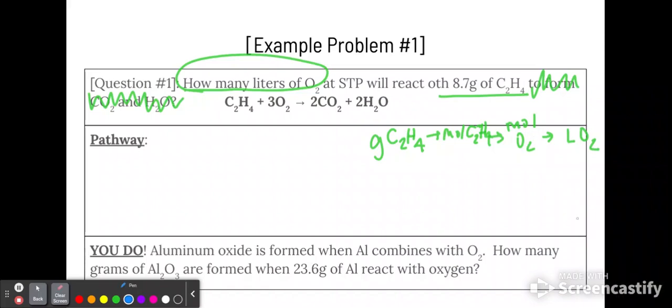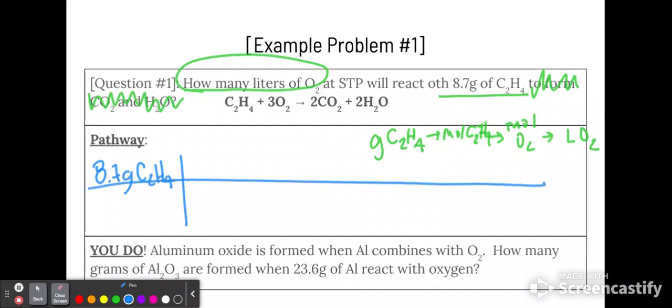So you're going to go from our grams that were given, which is 8.7 grams of C2H4. We're going to get rid of those so they go on the bottom. And this is why when we did moles, I told you to practice writing out all of your units and your compounds. So don't just write out the unit. You want to write out the compound as well. So based on our pathway, we're going from grams of C2H4 to moles of C2H4.